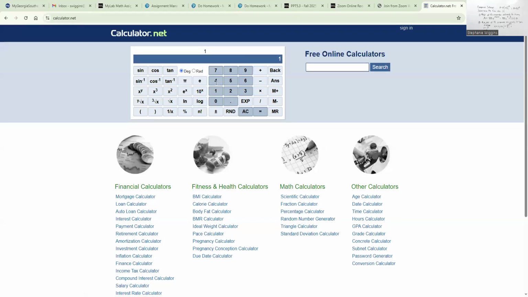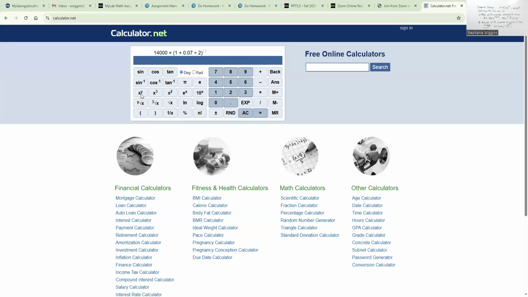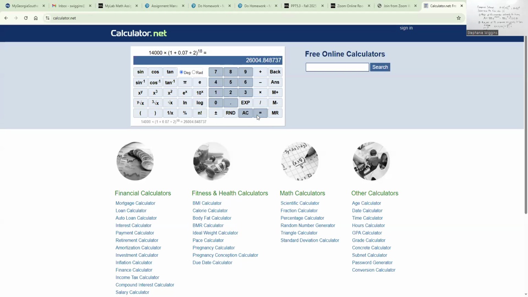So we have 14,000. I'm going to use the parentheses to do this inside calculation. 1 plus 0.07 divided by 2. I'm going to close the parentheses, and then I'm going to raise that to the power of 2 times 9, which is 18. And I get $26,004.85.